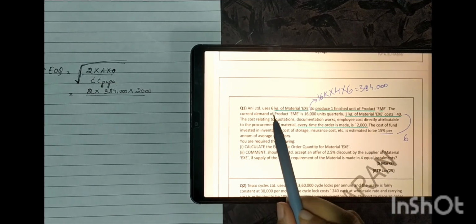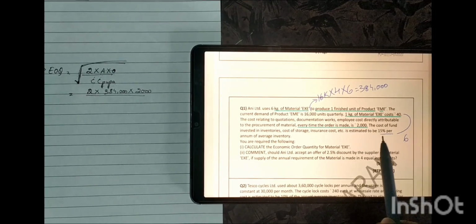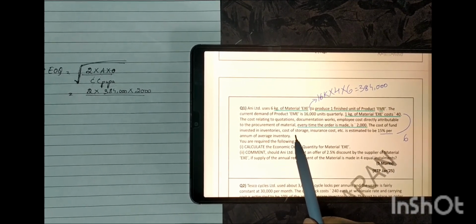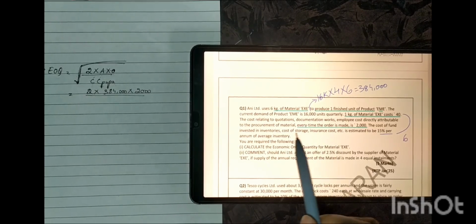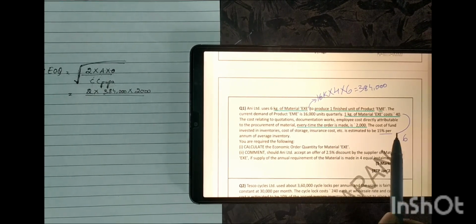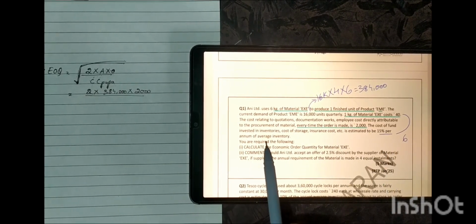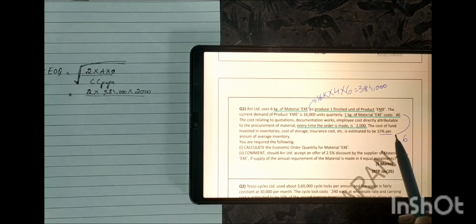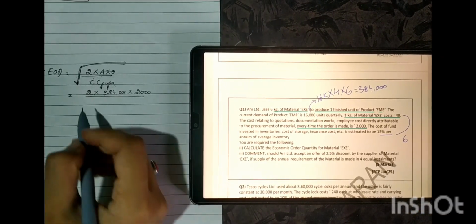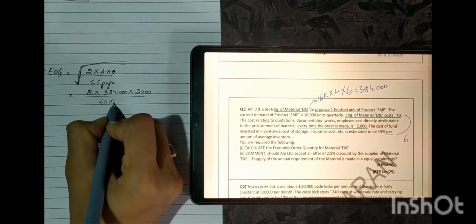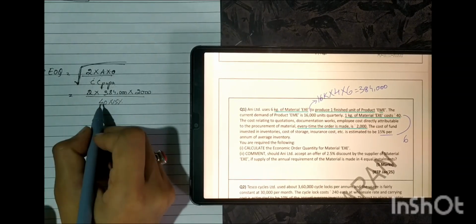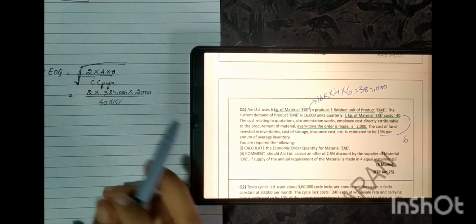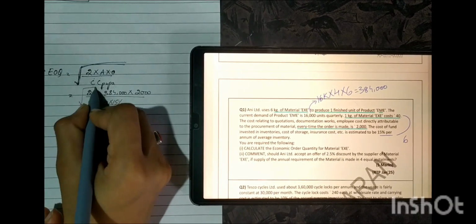So for 1 kg of material the purchase price is 40 rupees, and here it is given invested inventories, cost of storage, insurance cost, this all relates to carrying cost, and it is estimated 15% per annum of average inventory. So this is 15% of the purchase price. So 40 into 15%, simple, always just take the purchase price into whatever the percent they have given in the question for carrying cost per unit per annum.